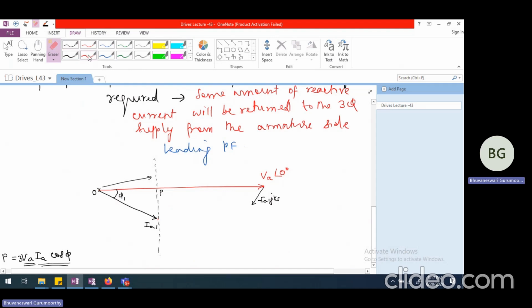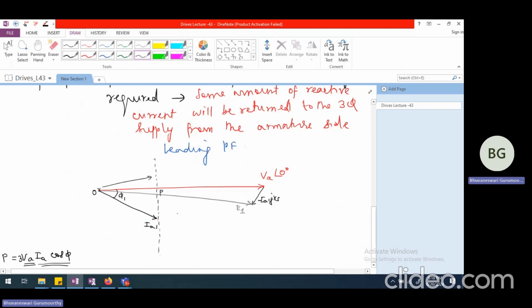Now, if I try to add these two, that is minus IA1 jXS with VA, then I should be getting the excitation voltage E. So this is going to be E1.